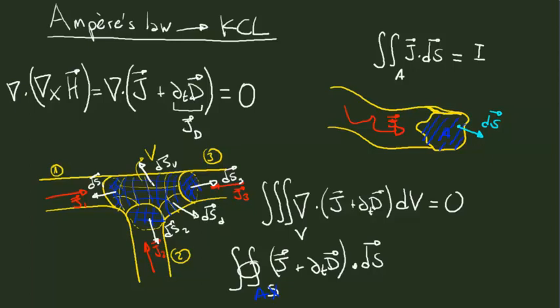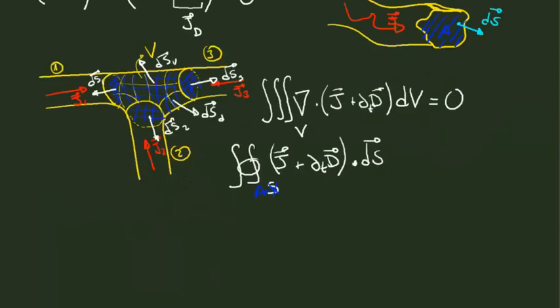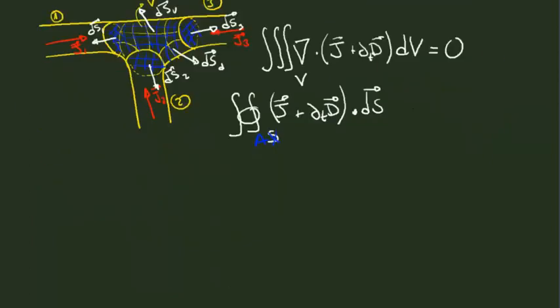So we can build this integral with 1, 2, 3, 4, 5 surfaces, or even 4, because up and down are simply connected, so it could be the same thing. It doesn't really matter because at the end that integral will go to 0. So there are many ways to define this. We are still under the circumstance where this is equal to 0, because I did nothing but apply the divergence theorem over here.